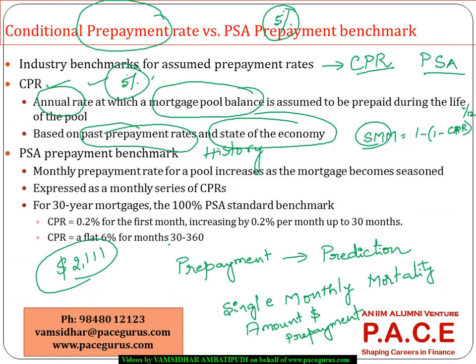Now, there is one more standard, as we were discussing, the PSA, the Public Securities Association benchmark. It makes a very good assumption. It says that the prepayment rate increases as the age of the mortgage increases.